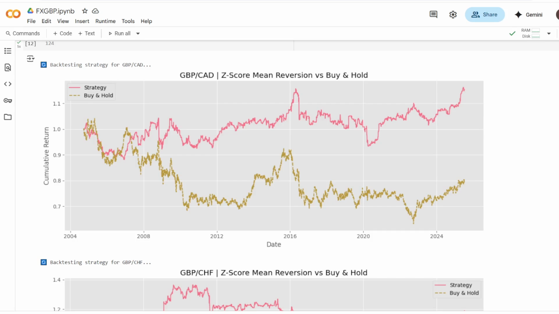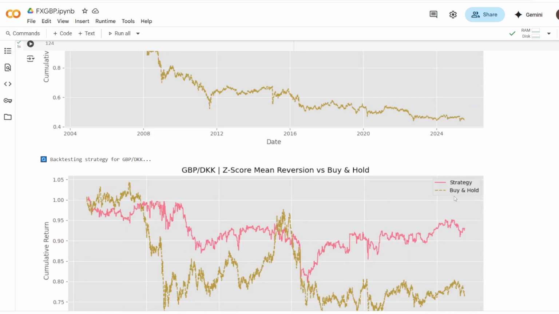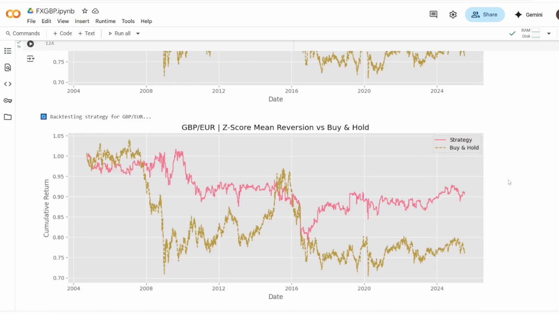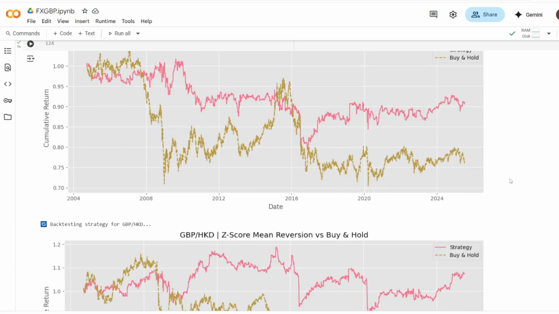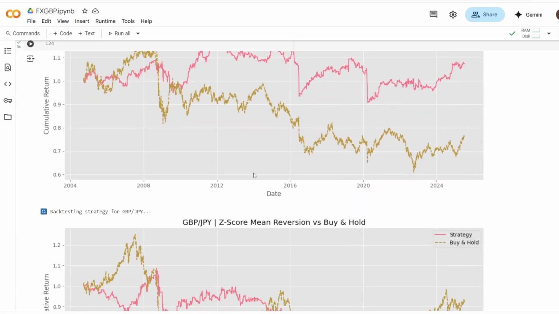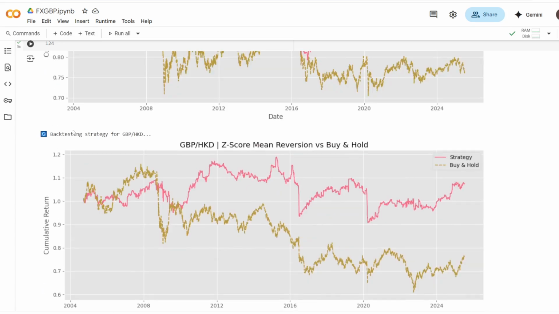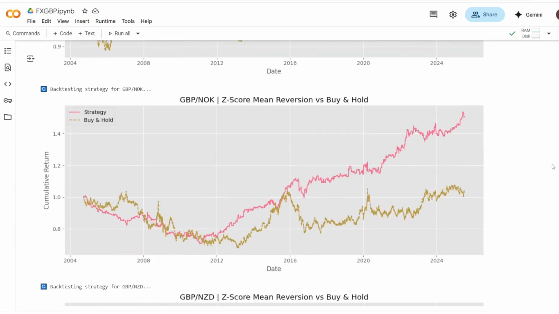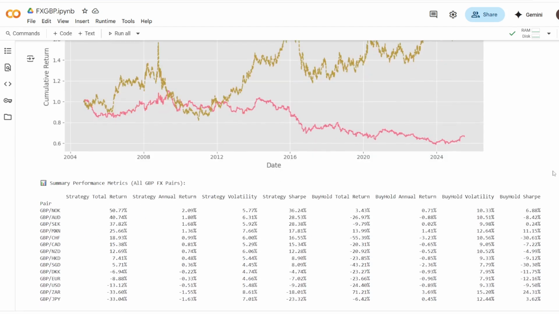Okay, so a simple method to do FX trading is using a mean reversion trading strategy, although it's not very profitable. We are talking about 1% cumulative return, so it's nothing more or less.